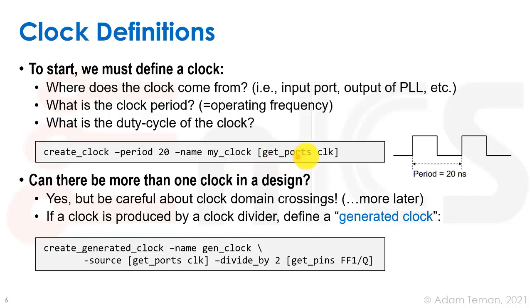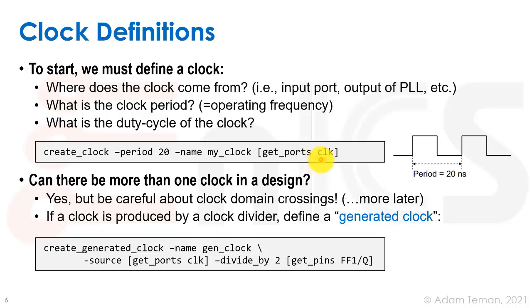And we have to tell it where the clock is sourced from. And that is usually a main port to the design. It can also be a pin, like an output pin of a buffer or a mux or a PLL or something like that. So we have to define the clock somewhere where it can propagate from, and that is either an input to our design, which is a port.